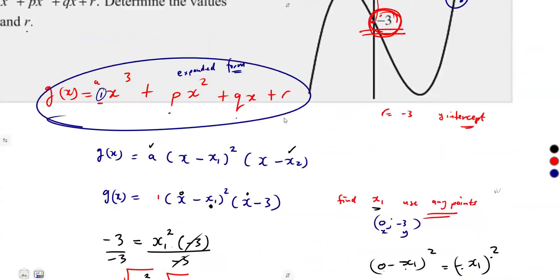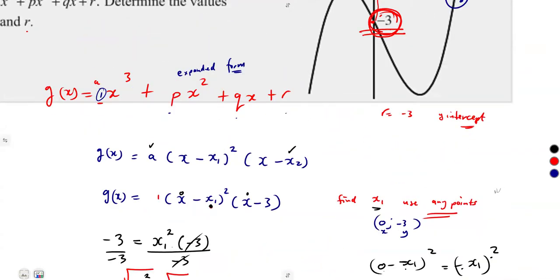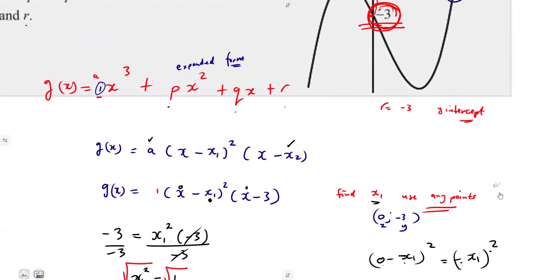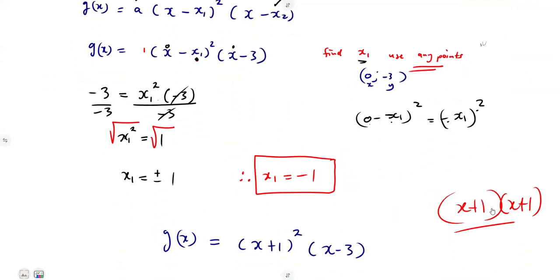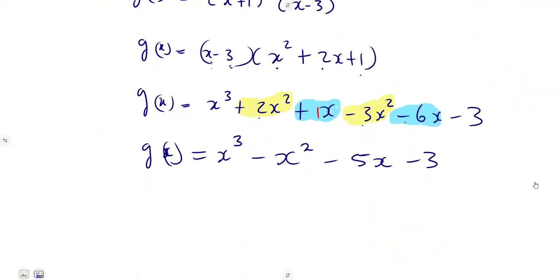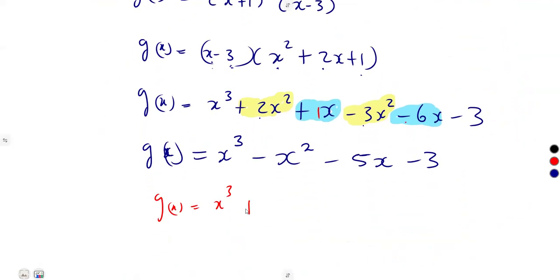Remember the format here. Rewriting our format of gx, which is x cubed plus px squared plus qx plus r. We can tell what is our p, the coefficient of what? x squared, which is what? Negative 1. So therefore, p is equal to negative 1.